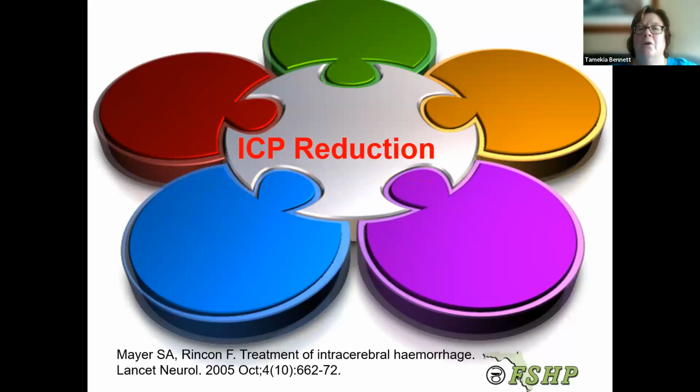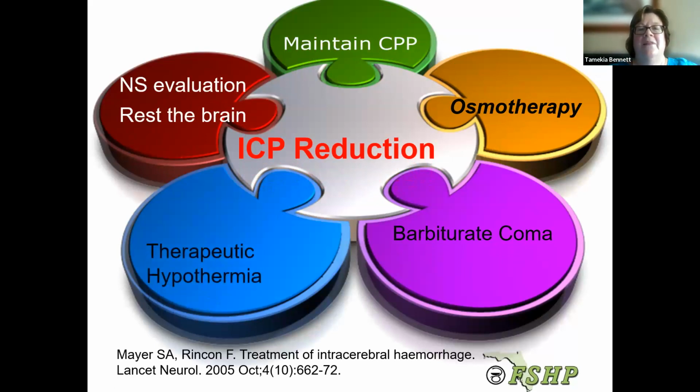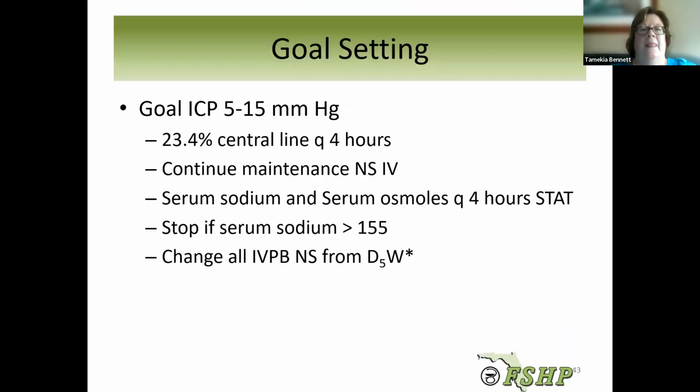So intracranial pressure reduction consists of neurosurgical evaluation, ventriculostomy, resting the brain, maintaining cerebral perfusion pressure. Our focus tonight is on osmotherapy. We can also utilize barbiturate coma, and we can think about what is called today therapeutic temperature, target temperature management. So my goal for this patient is an ICP of 5 to 15.